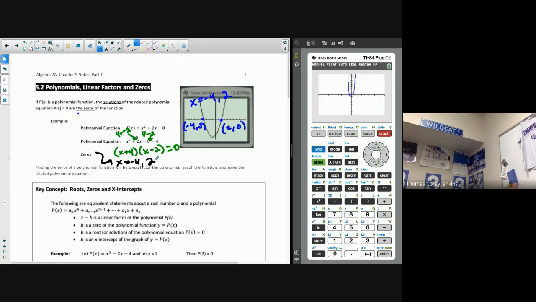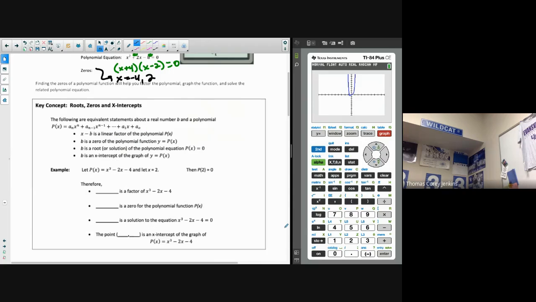All right, so it says finding the zeros of a polynomial function will help you factor the polynomial, graph the function, and solve the equation. So all of these things can be helpful, and they all relate to the zeros of the function. And remember, the value of the function is the y value, or the output value. So that's why any x-intercept would be a zero. That's where the value of the function is 0.